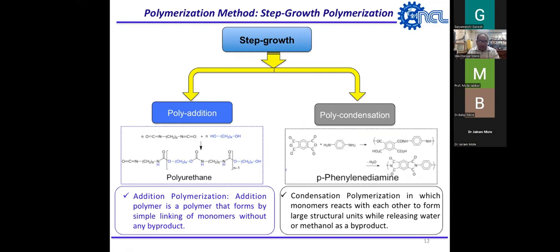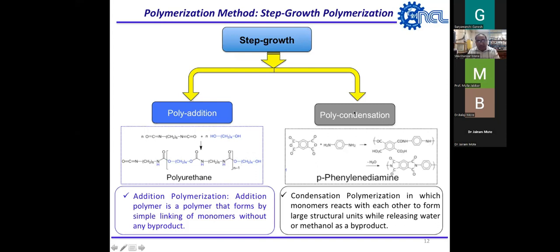The typical example is the poly addition reaction. Addition polymerization forms a simple linking of the monomers without any byproducts. A typical example you can see here is a polyurethane polymer. The isocyanate and hydroxy react with each other without any byproducts to form polyurethane molecules, which is a typical example of poly addition reactions.